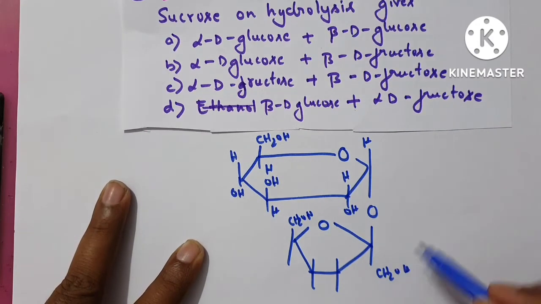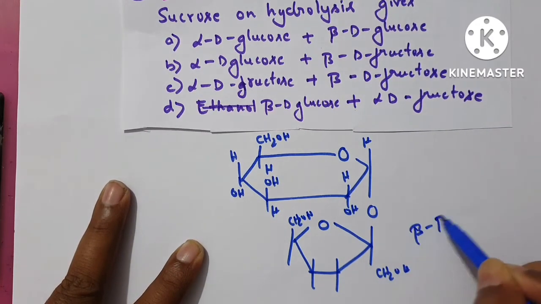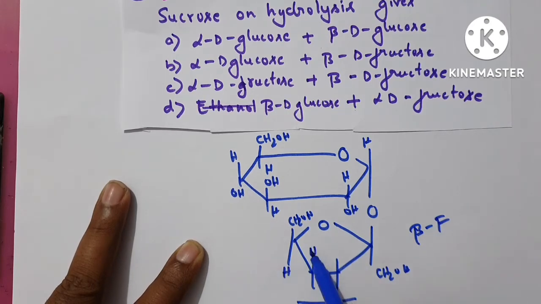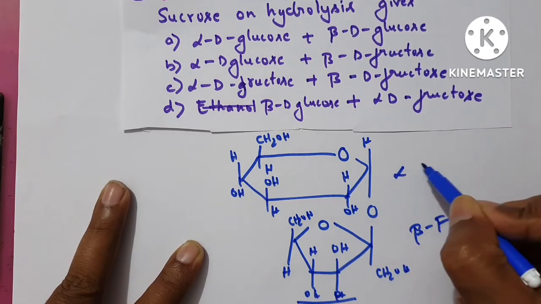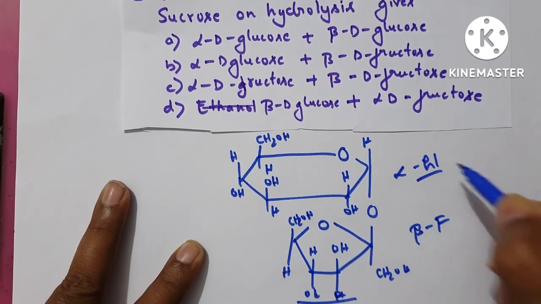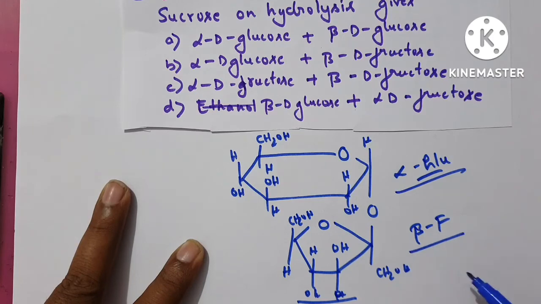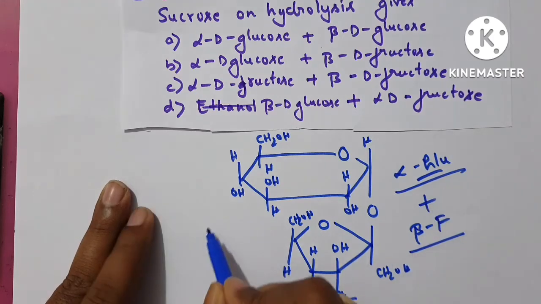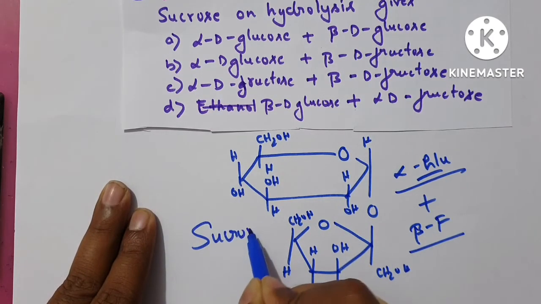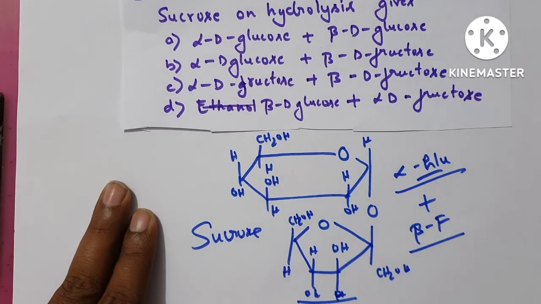Therefore, this is a beta fructose. And what about this one? This is an alpha glucose. One alpha glucose and one beta fructose together will give you a sucrose.